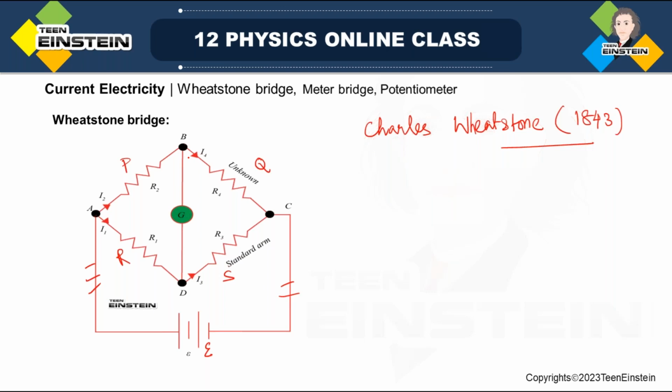And the galvanometer has to be connected between B and D junctions. This is always true for any Wheatstone bridge. So this is what you have to remember, and we should not alter these A, B, C, D junctions, because if we alter them somehow, then we have to take care that between B and D there should be a galvanometer connected, and between A and C junctions the cell must be connected. So this is one thing to remember.